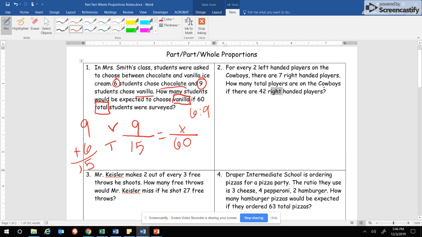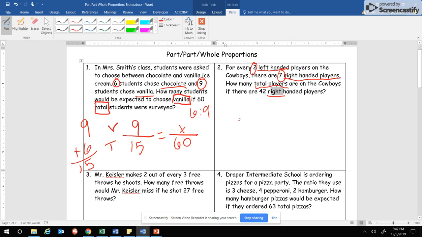Number 2 is very similar. It says for every 2 left-handed players on the Cowboys, there are 7 right-handed players. And then my question asks me how many total players are there on the Cowboys if there's 42 right-handed players. So my 2 labels, again, are going to come from my question.